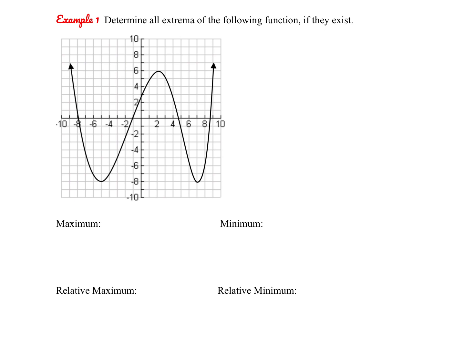All right, let's look at this first example and see if we can determine all extrema that exist for this function. And again, we're just going to estimate where these points are. So first, we're going to look for the absolute lowest points on our graph. And we can see that the absolute lowest y value is actually here at -8.